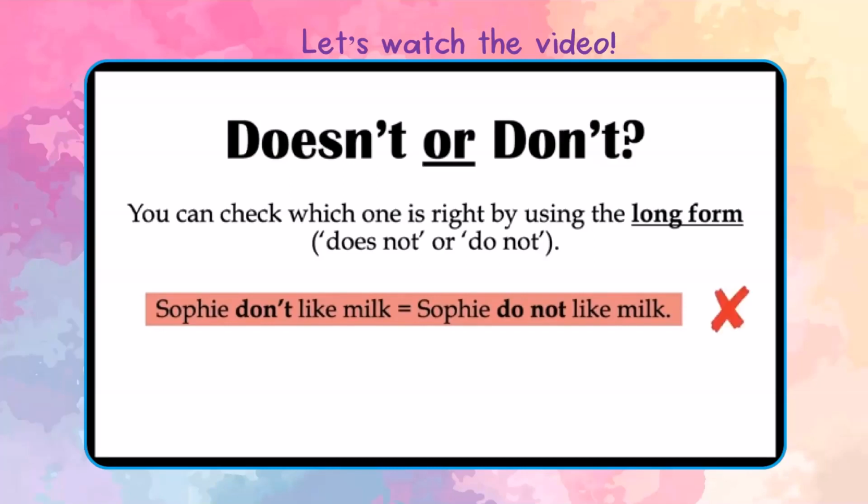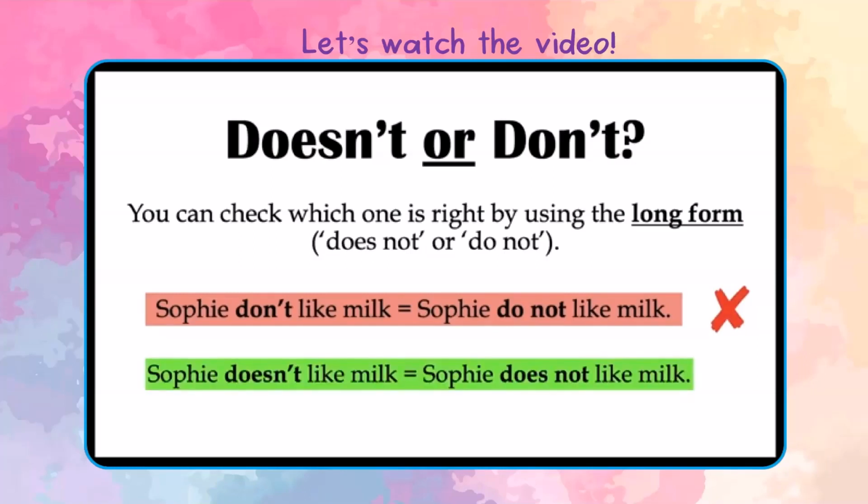And this is incorrect. Let's replace the don't with doesn't. Sophie doesn't like milk. The long form of doesn't is does not. So we have Sophie does not like milk. This is grammatically correct.